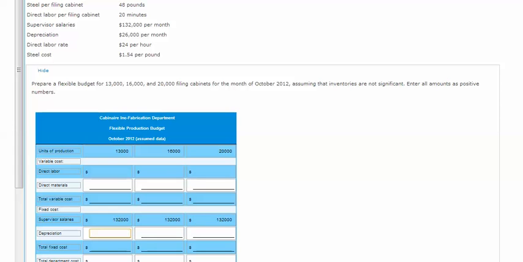And my depreciation is $26,000. My total fixed cost is $158,000 each month. So it doesn't matter the level of production, the fixed costs are going to remain the same. They are fixed.